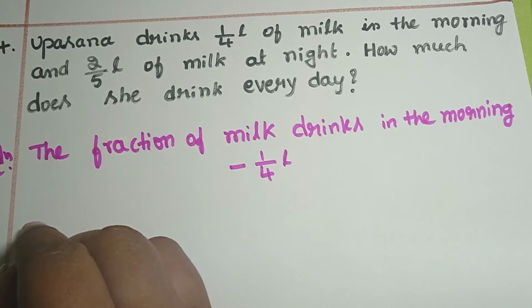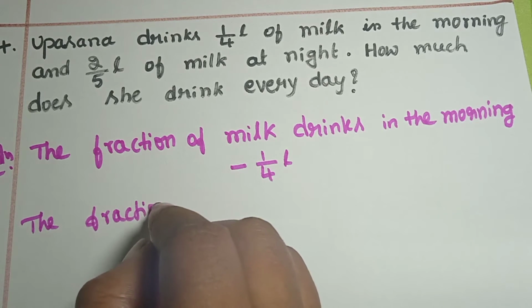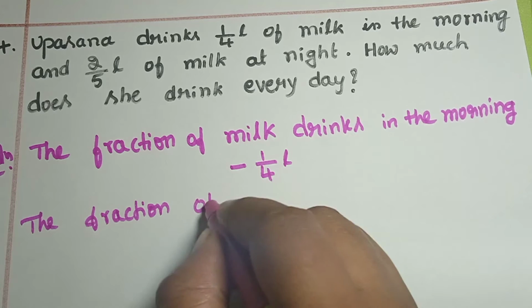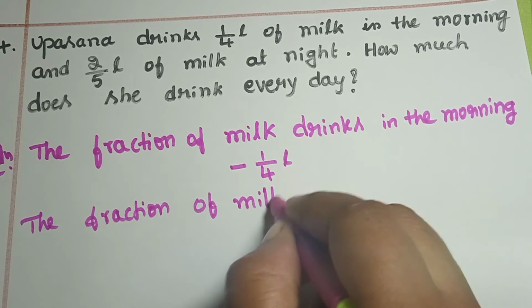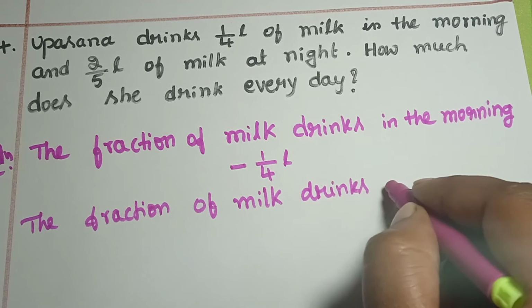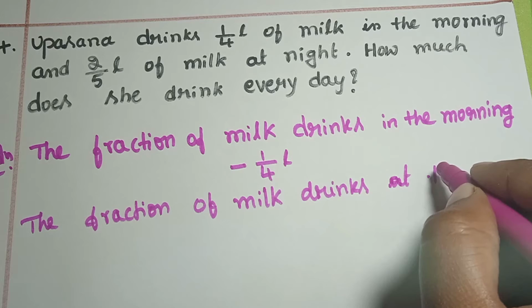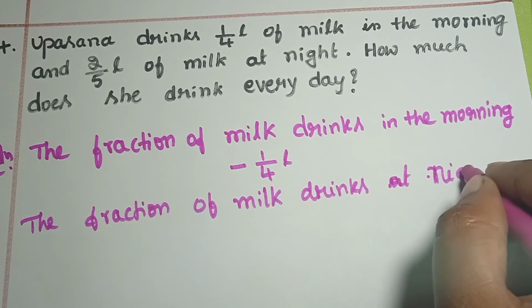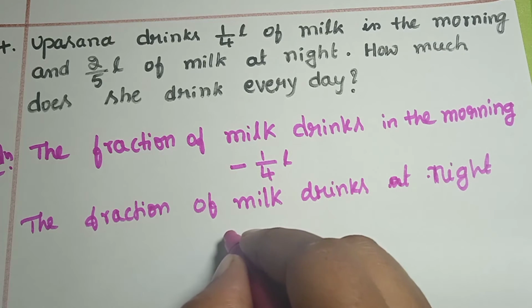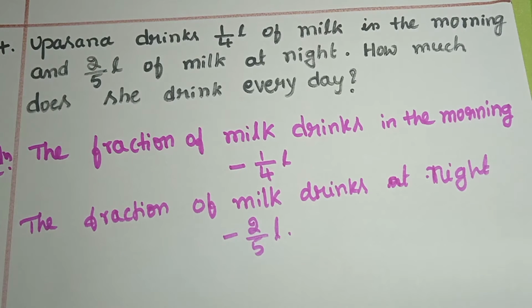The same thing. The fraction of milk drunk at night. Every night. How much, children? That is 2 by 5 liter. We have to find out how much she drinks every day.